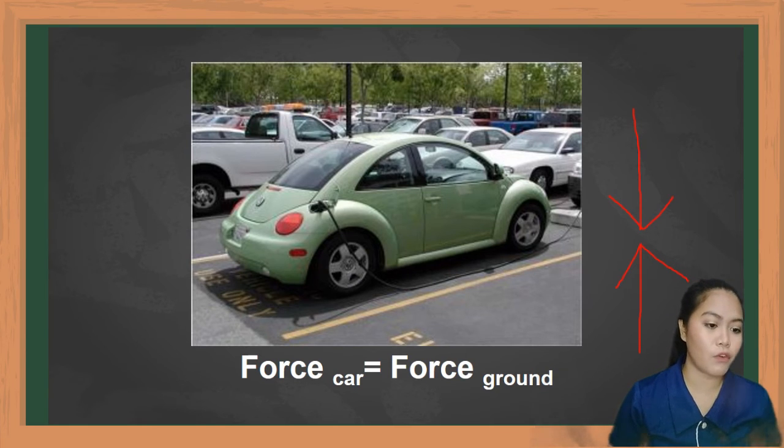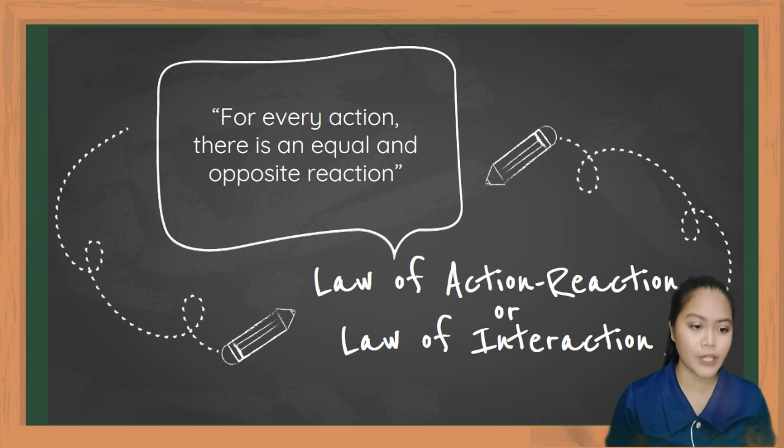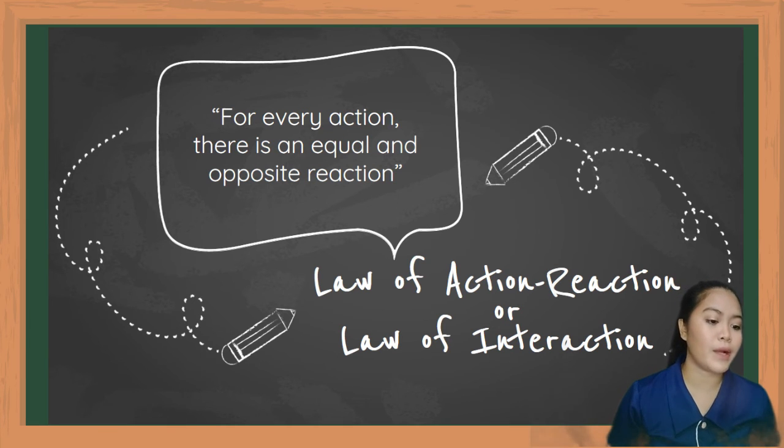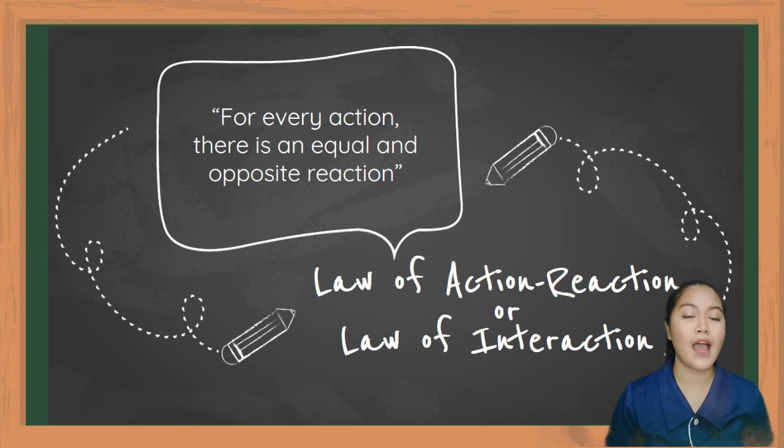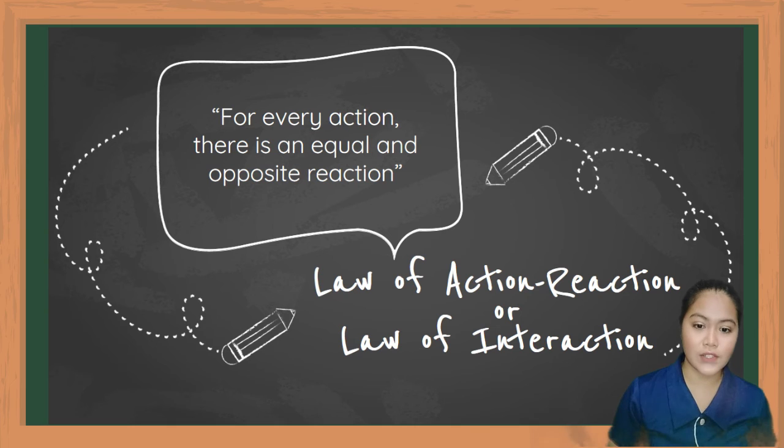So again, the amount of force being exerted by the car is what we call the downward force or the action force, while the amount exerted by the ground, which is opposite, is what we call the reaction force or the upward force.